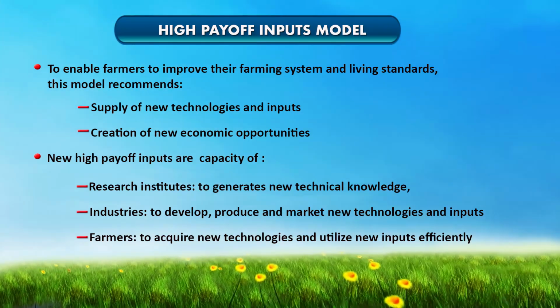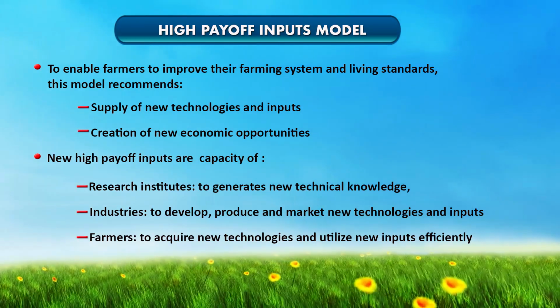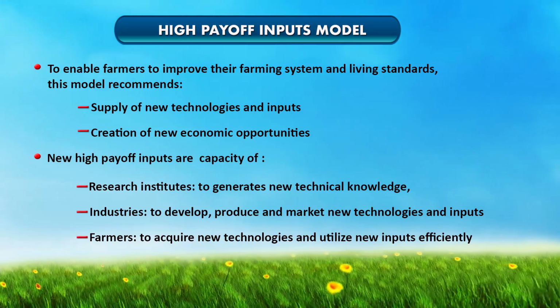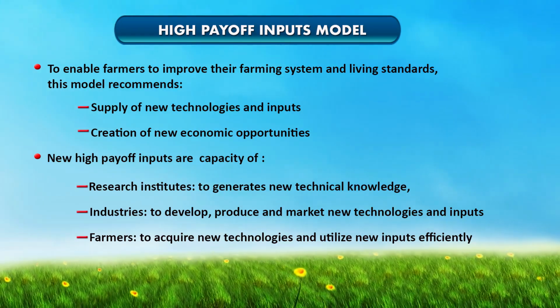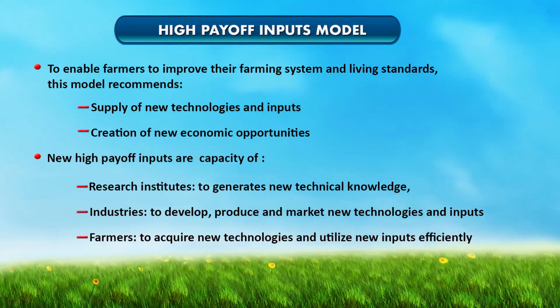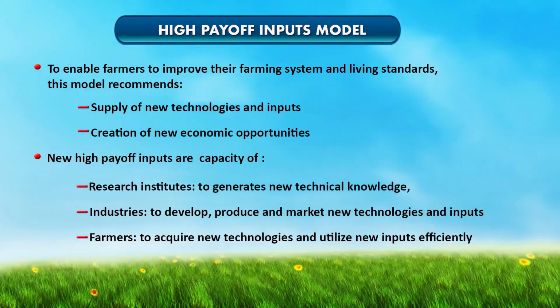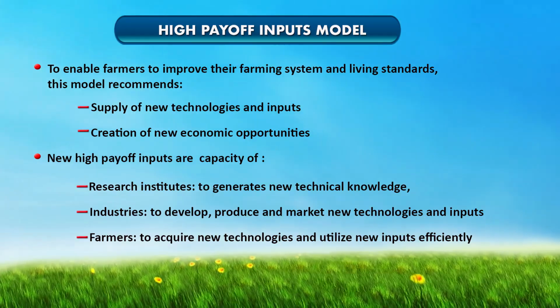So this model talks about the role of research institutes, industries and farmers in generating new technological knowledge, the role of industry in producing and marketing the new technology and inputs, and the role of the farmers in acquiring and utilizing this new technology on the farm.